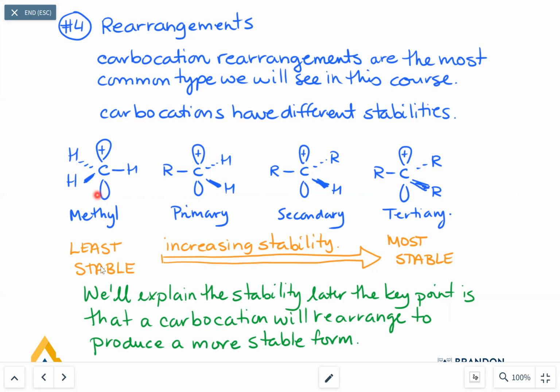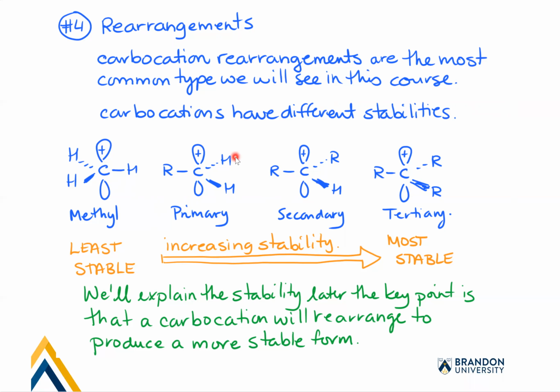So methyl carbocations are the least stable, and a carbon which is bonded to 3 other carbons, which we call tertiary carbon, are the most stable. The more R groups you have, the more stable it is. The more H's you've got, the less stable it is. We'll talk about the stability when we get to the section on substitution reactions.